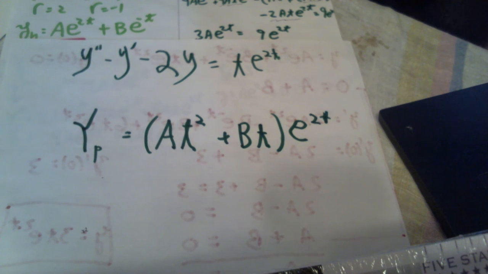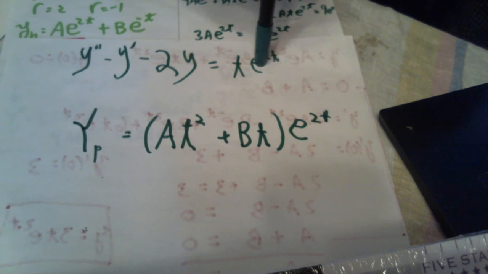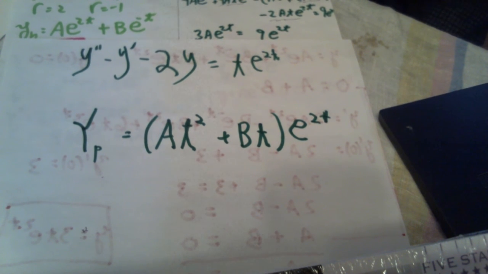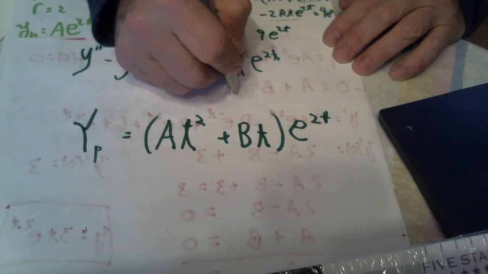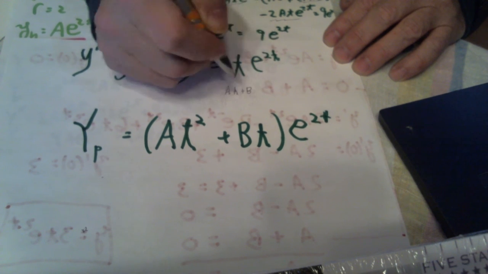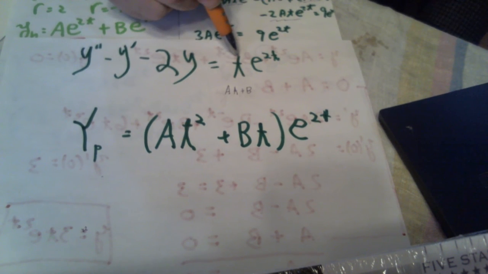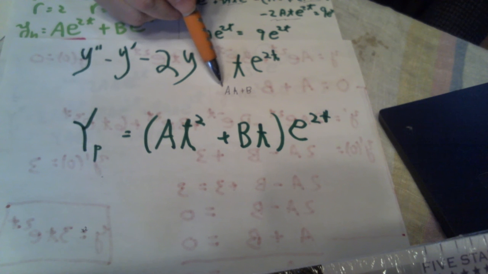So you can't even just guess the regular guess. When you have a homogeneous factor matching, you still have to multiply by the t for the hassle. And here's what you have to think. This was a t. Normally I would be multiplying by a t plus b, because this is a 1-degree polynomial, I'd have to multiply by a generic 1-degree polynomial.